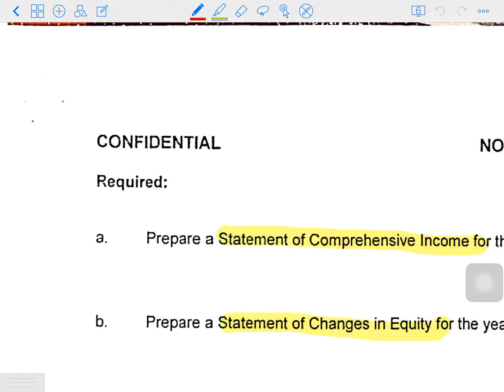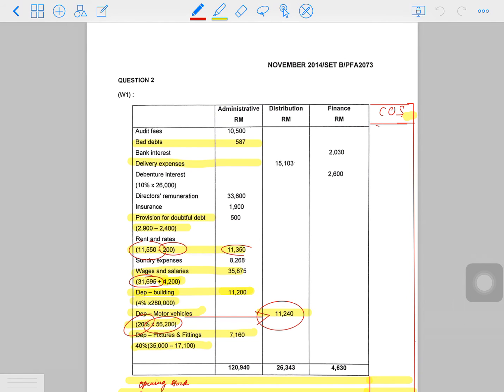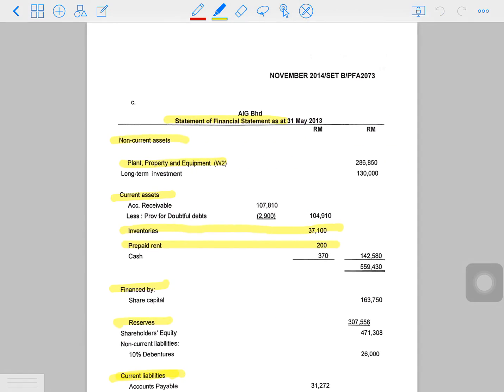So debit increase in provision for doubtful debt, which is under administrative expense, and credit provision for doubtful debt. Provision for doubtful debt will be entered into the statement of financial position.